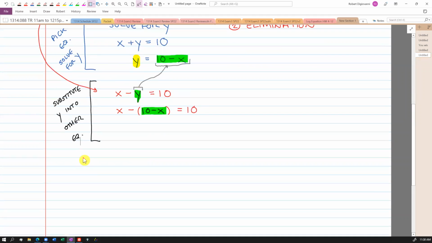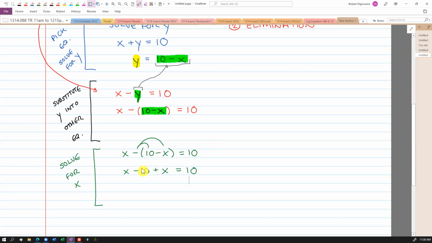So the next thing, second to last step, we're going to take where we were and solve for x. So take this thing that we have right now. Distribute the negative through. x minus 10, what is that? Plus x again equals 10.